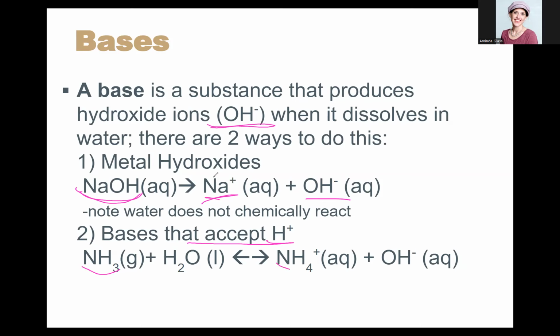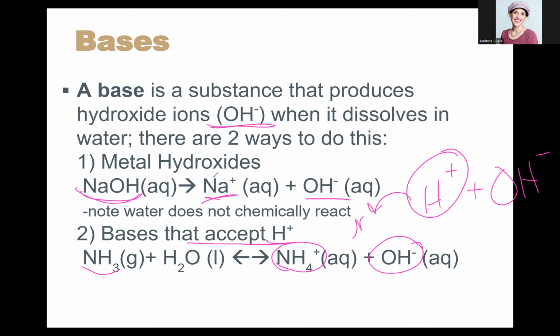We end up getting ammonium and hydroxide because the water molecule breaks down into a hydrogen ion and the hydroxide ion. And this hydrogen ion gets donated to the ammonia, which makes it the ammonium ion. And then we have our hydroxide ion.